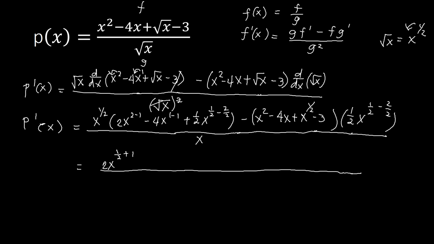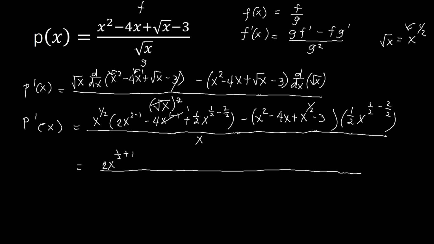You might be wondering where we get the 1 there. That's from 2 minus 1. Continuing the distribution, we've got x distributed to negative 4x to the power of 1 minus 1. This is actually a 0, so this one here will become a 1. So 4 times 1, that's 4.